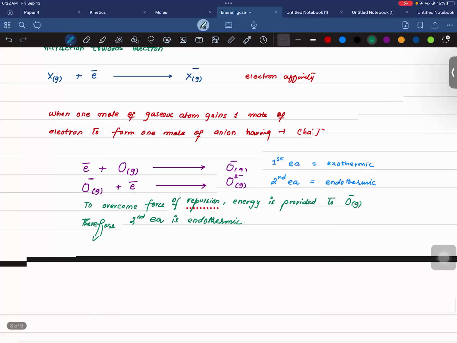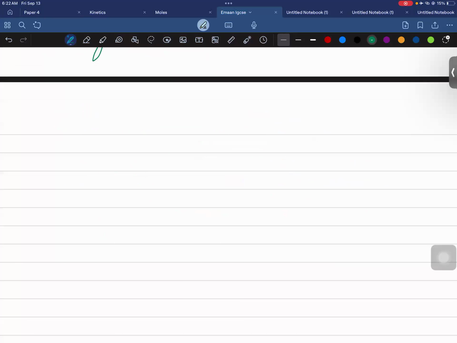Okay. Then what are the factors of electron affinity?